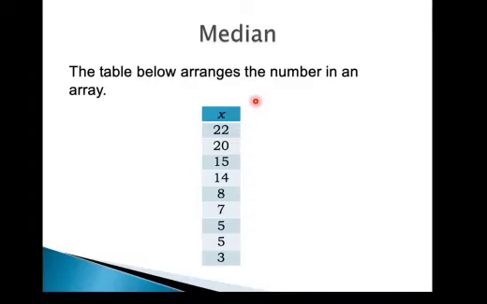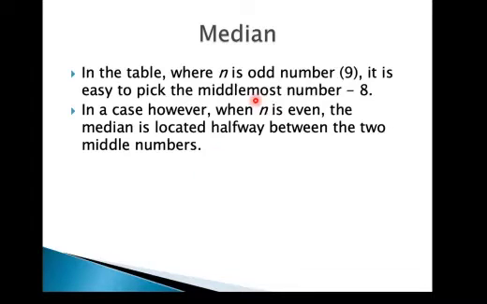You see, class, the median is determined rather than calculated. The median is the middlemost number in an array. In the table that we just showed to you, where n is an odd number, 9, it's easy to pick the middlemost number, 8.